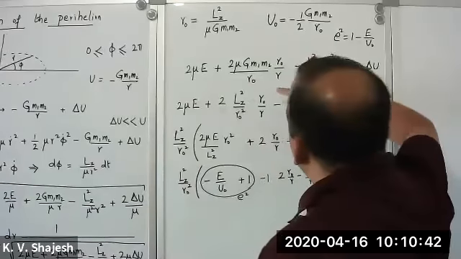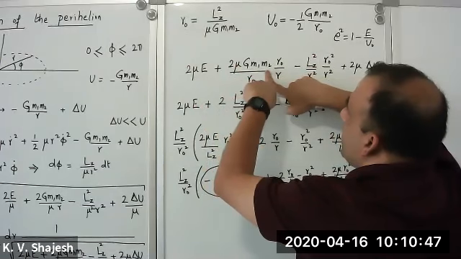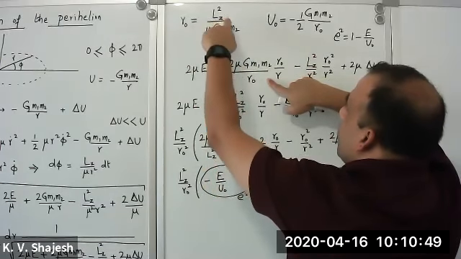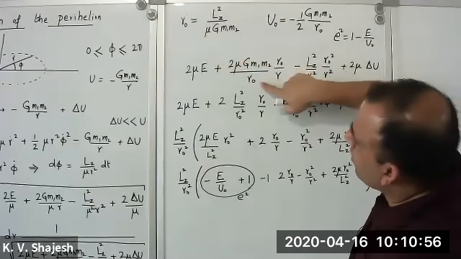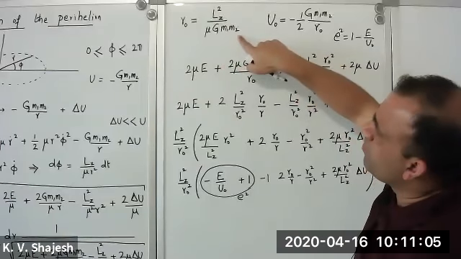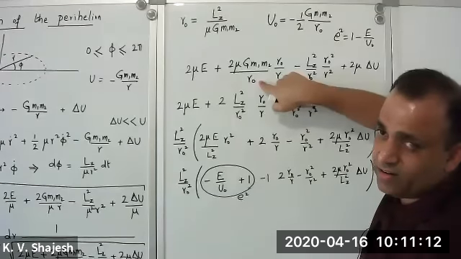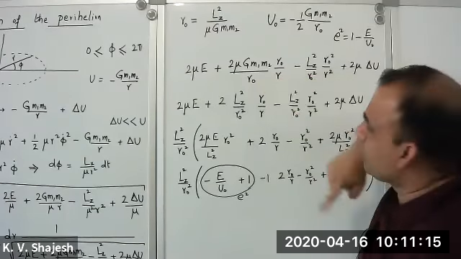No. Notice this 2 mu G M1 M2 is LZ over R naught, right? So LZ square over R naught comes from here, and there's already an R naught, so it's LZ square over R naught square. Correct. There is an extra R naught because it's already sitting there. Yeah, that makes sense.